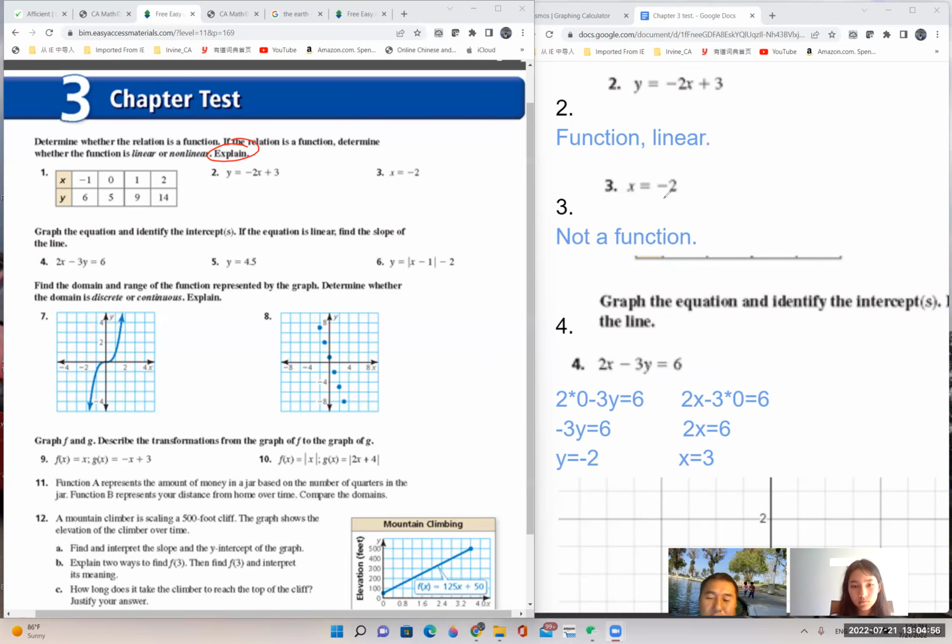For function, each input can only has one output, right? But here we just have one input, but there are multiple, or even you can say it's infinity many output, right? So when x equal to -2, y can be 0, can be -1, can be 1, can be whatever, right? So this not satisfied with the definition of function.